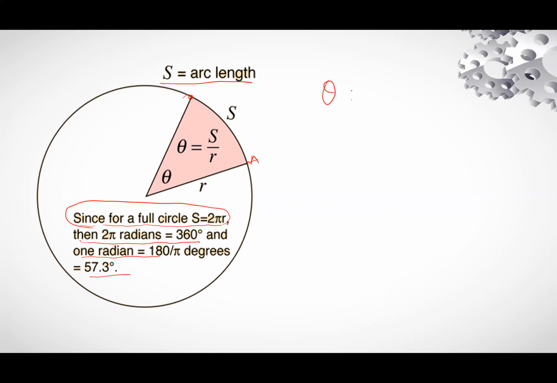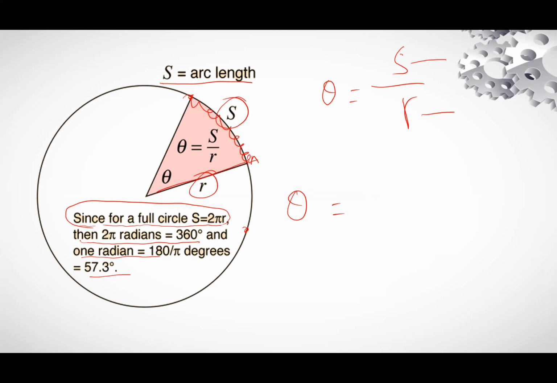Theta is the angular displacement, which is equal to linear displacement divided by the radius of the circle. So if a body covers this distance from point A, dividing the length of the arc by the radius gives you the angular displacement.